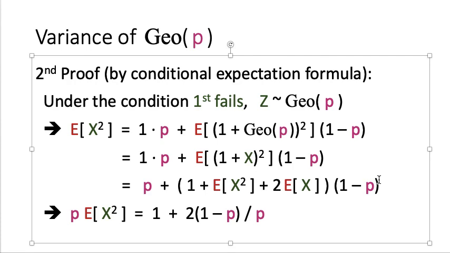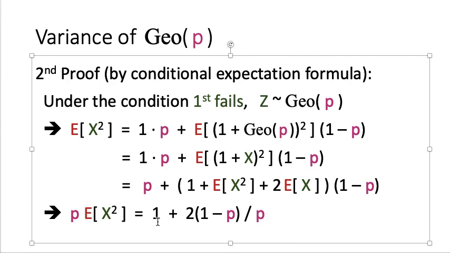So the net difference will be p times the expected value of x squared, moving it to the left-hand side. Now we have the term p and a term 1 times 1 minus p, so p plus 1 minus p is equal to 1. And finally, the term we have not handled yet is simply 2 times 1 minus p times the expected value of x. The expected value of x is 1 over p, so we get this divided by p.